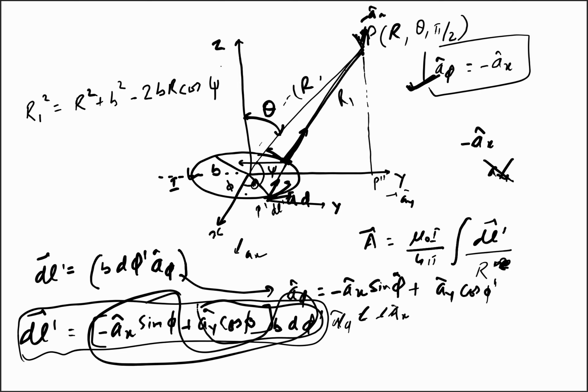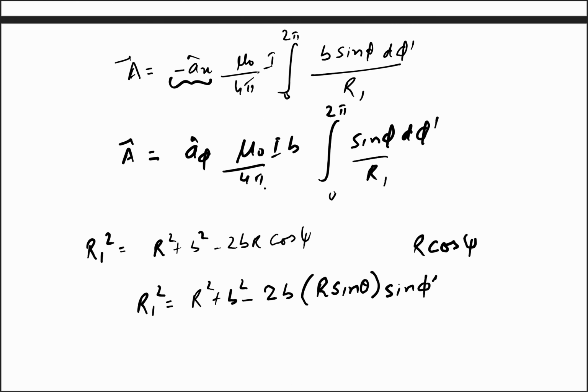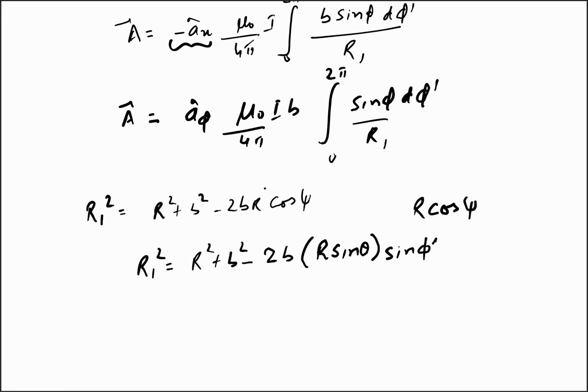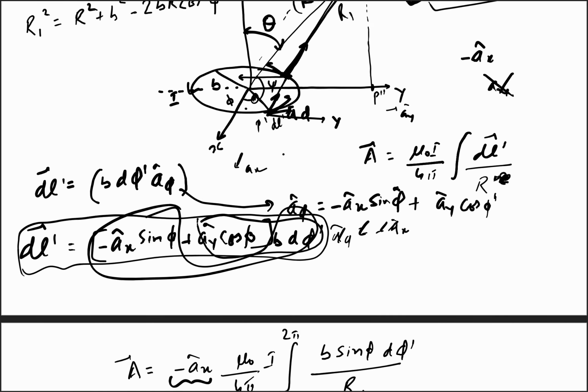So r sine theta will be this OP double dash, and its projection on OP dash will be same as the projection of r on OP dash. So that's why we have taken this projection r sine theta and its projection on OP dash.